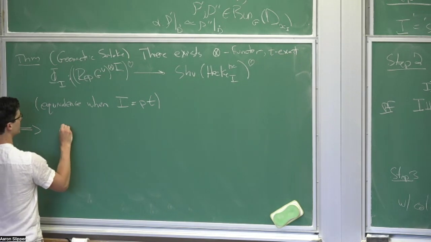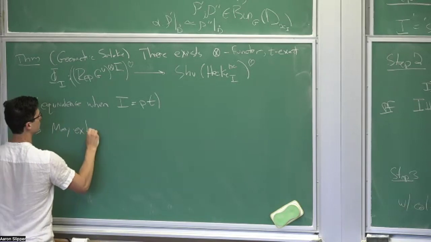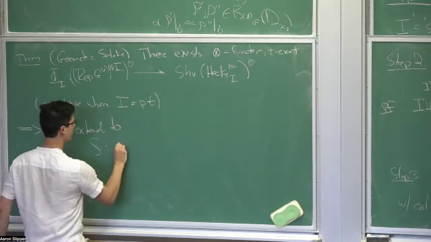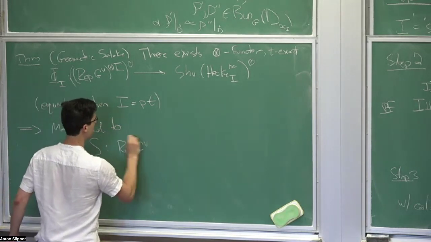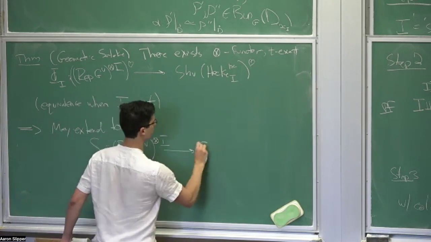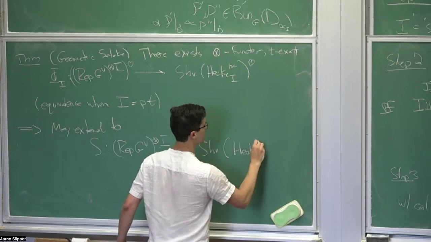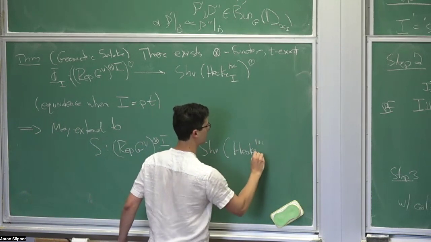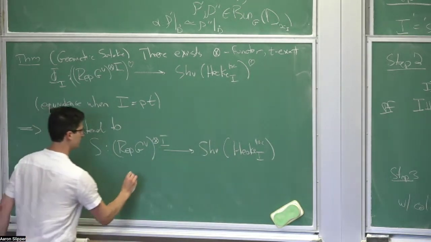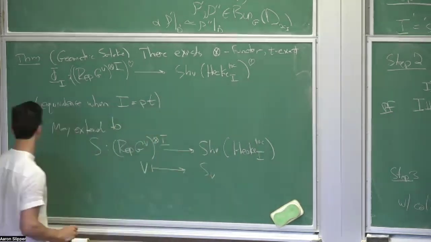So we have this functor, which I'll denote by S for Satake, from Rep of G check tensor I to sheaves on this Hecke local stack. And I'll say a representation V maps to S subscript V.